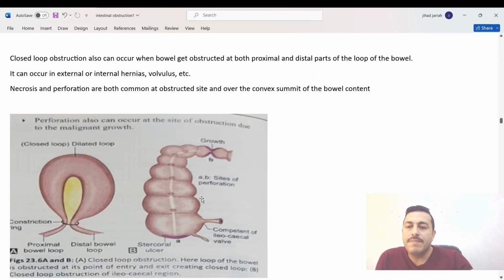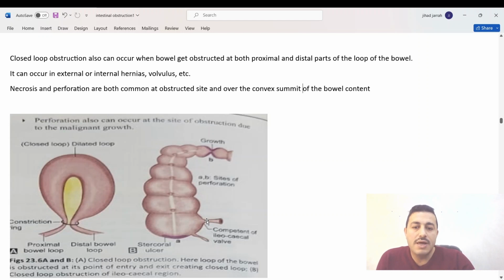non-closed loop obstruction. It can come in two scenarios. Either this picture, where whatever the condition is here, be it band, hernia, or volvulus, or another, important scenario, when obstruction in the colon happens, either in the ascending or descending colon. Here I give an example of the transverse. There is a tumor here or obstruction, whatever, and this valve, the ileocecal valve, is competent.